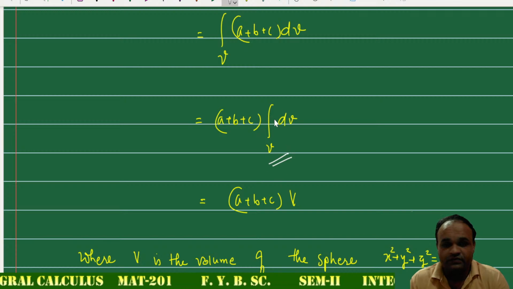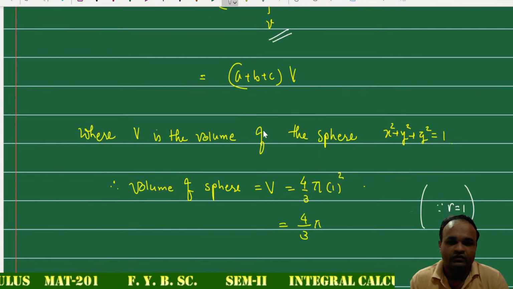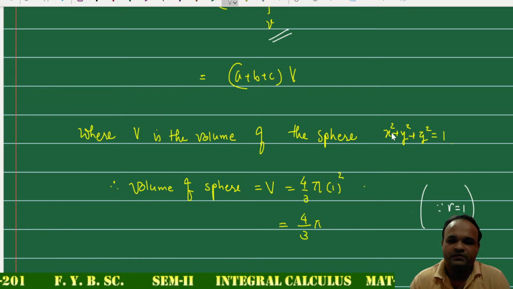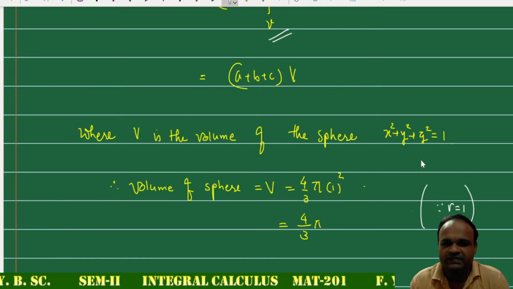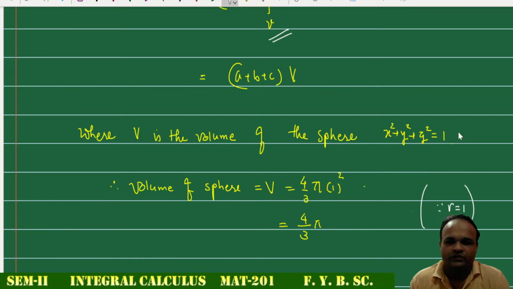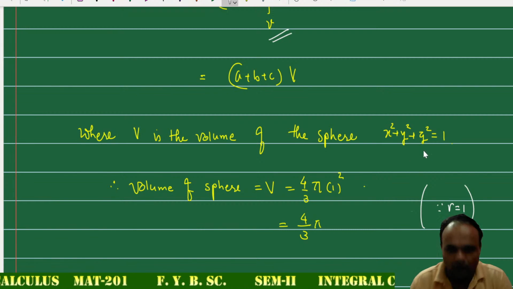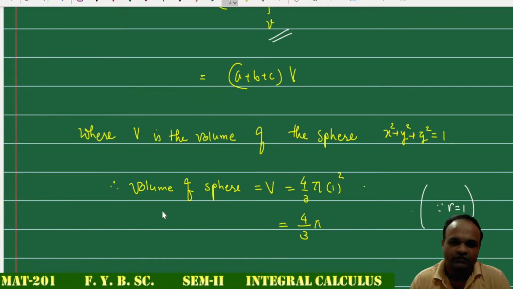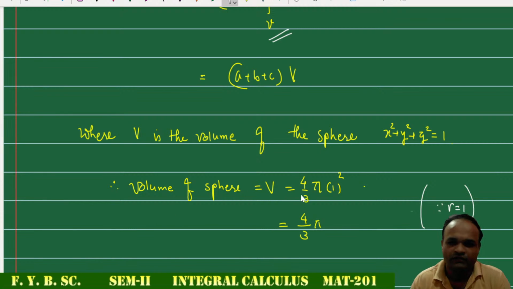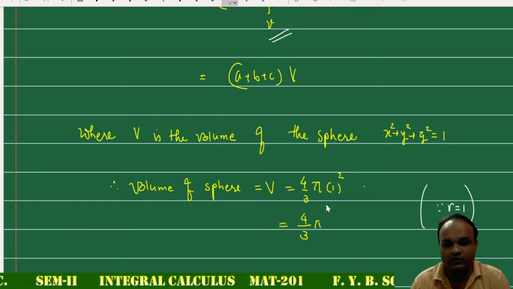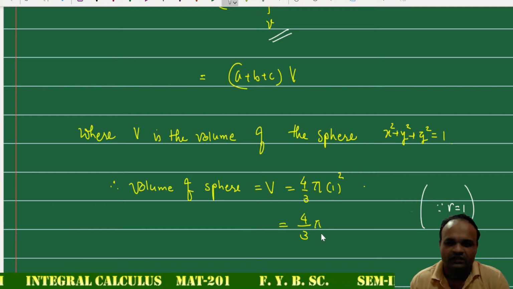It gives us the volume V. V is the volume of the sphere x square plus y square plus z square equal to 1, which is the unit sphere of radius 1, and we already know the volume of a sphere is 4 by 3 pi r cube, which with radius 1 will be 4 by 3 pi.